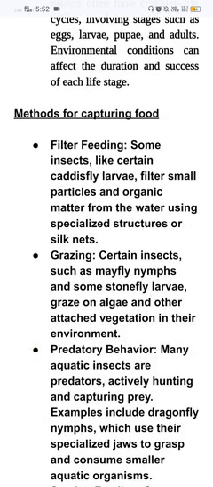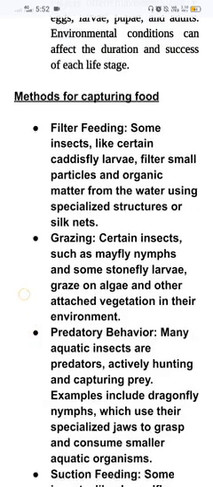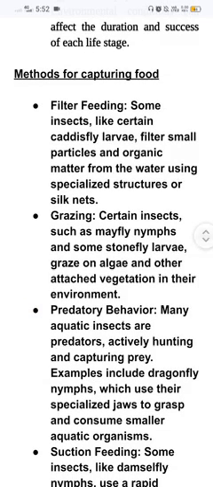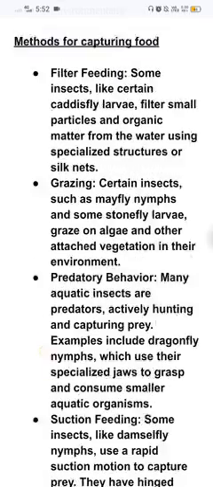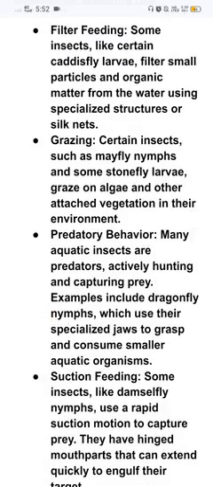Some insects, like certain caddisfly larvae, filter small particles and organic matter from the water using specialized structures or silk nets. That's one mechanism, filter feeding. Then grazing. Certain insects such as mayfly nymphs and some stonefly larvae graze on algae and other attached vegetation in their environment. That is another mechanism.